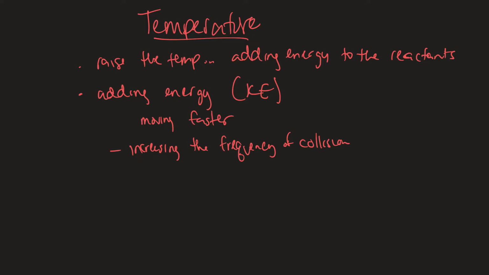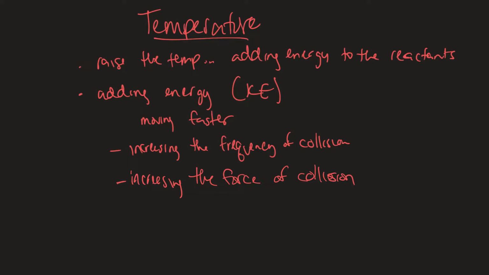Because they're moving faster, over some period of time there are going to be more collisions. Not only that, you're also increasing the force of collisions. Because they have more energy, they're hitting each other more often, and hitting each other harder.